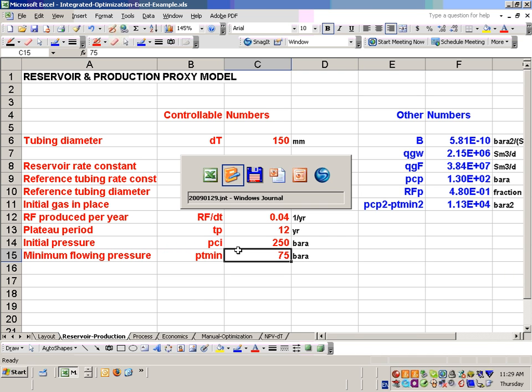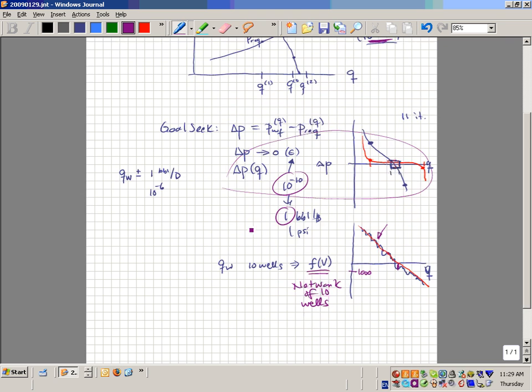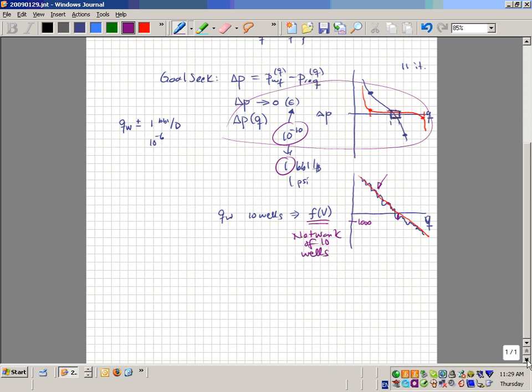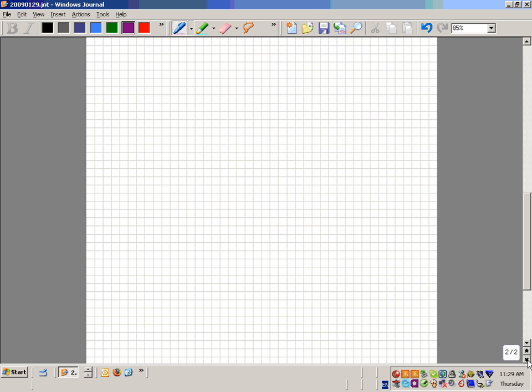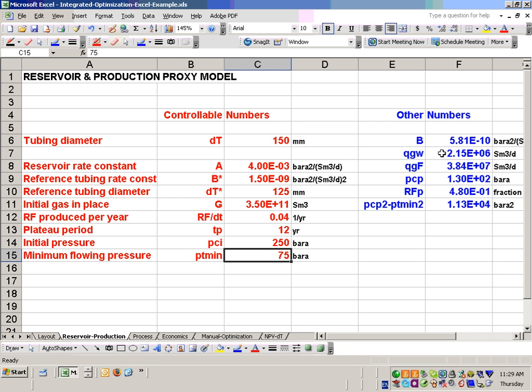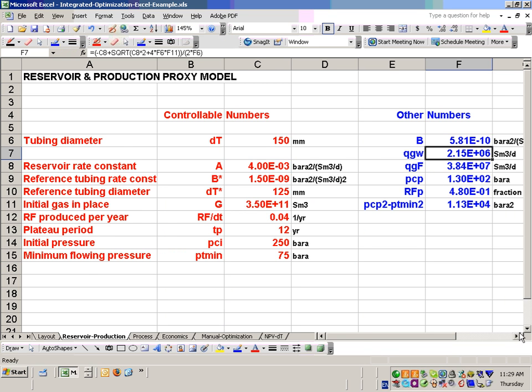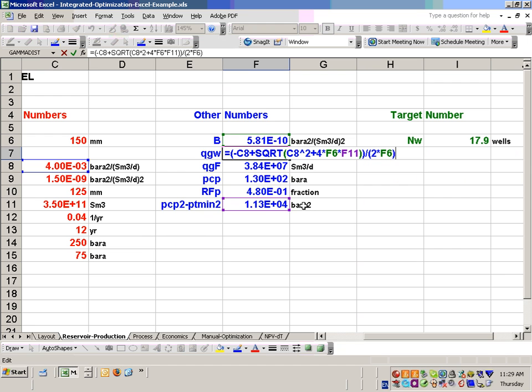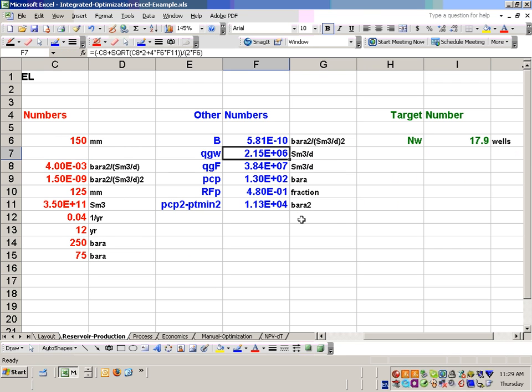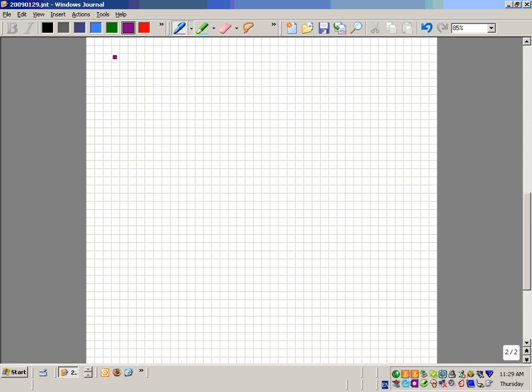Now, the rate equation is shown here. The rate equation combines a reservoir plus tubing.